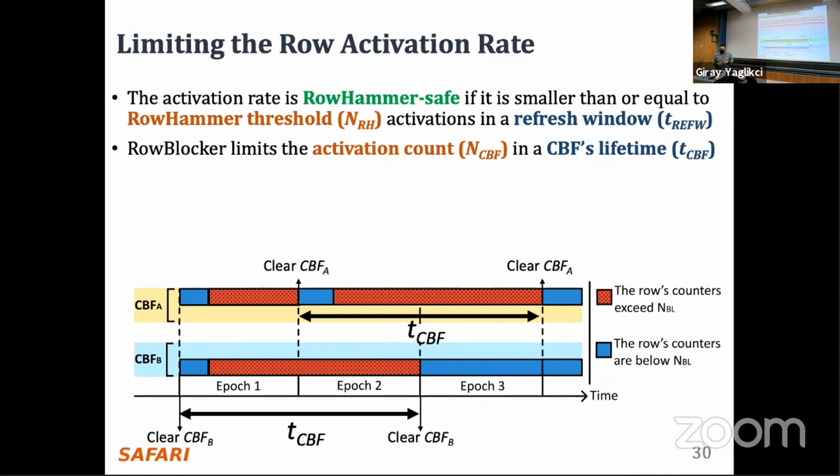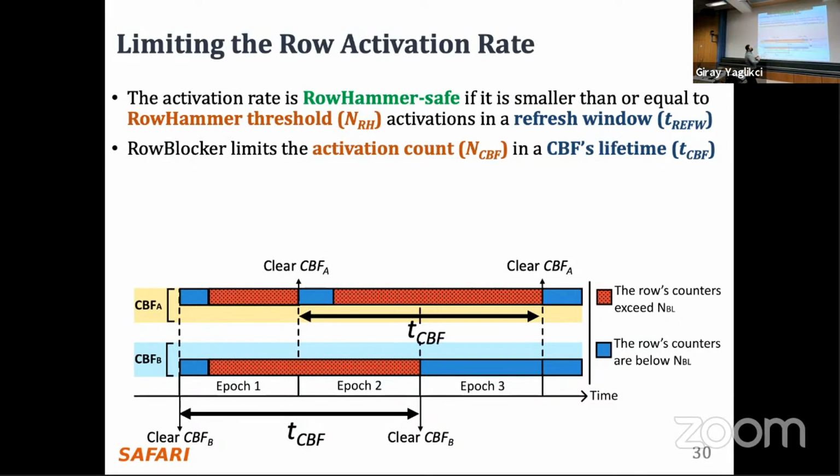RowBlocker limits the activation count of a row to NCBF in a CBF lifetime. By lifetime, we mean, for example, we clear CBFA at this point, and then we clear it again at that point.